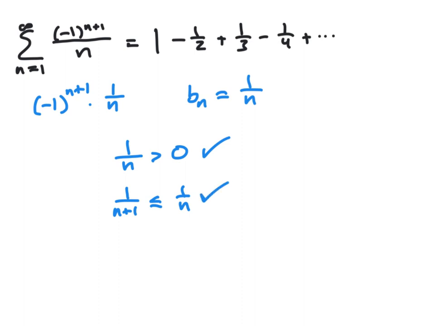And so these terms definitely decrease. And we also need the limit of these terms to go to 0, and that is certainly true. As n gets large, we have 1 over a very large number, and that will get closer and closer to 0. And so all three of these properties hold, and so this particular series will converge by the alternating series test.